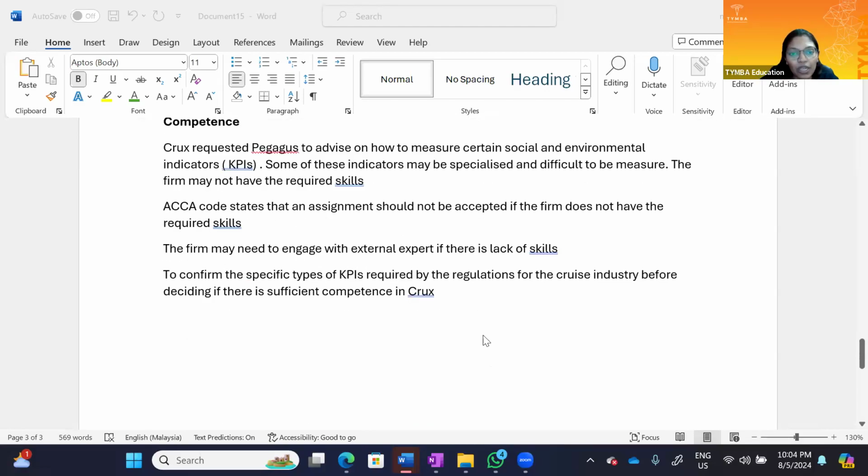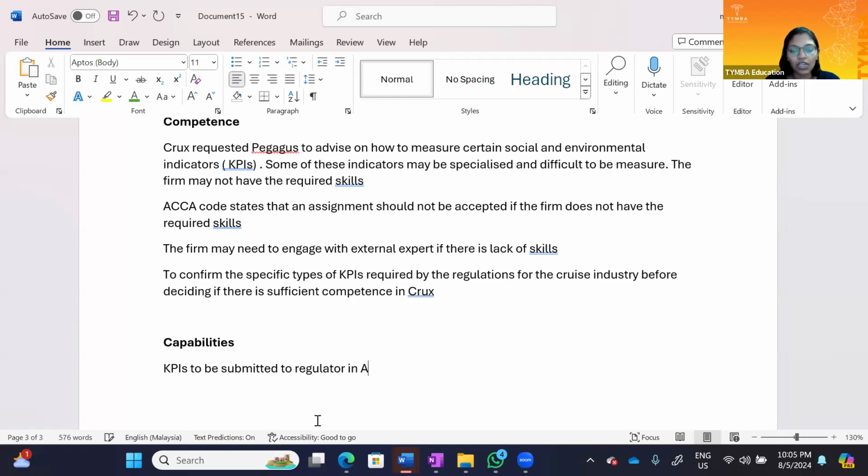Okay, so now I was talking about competence, right? Now let's move on to capabilities. Remember, we want to talk about three things: the size of it, the availability of staff, and also the deadline. Let's talk about the deadline because that's the most obvious one in this situation. The KPIs are to be submitted to the regulators in August.